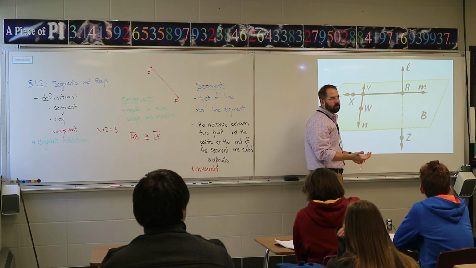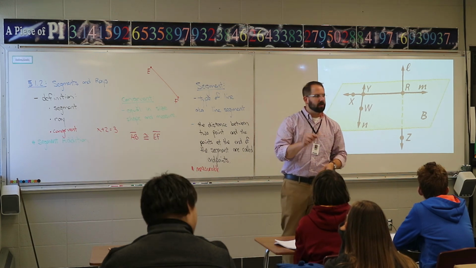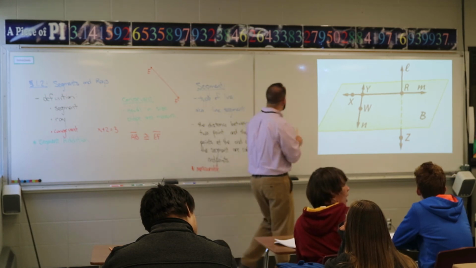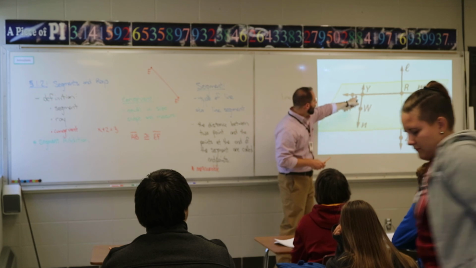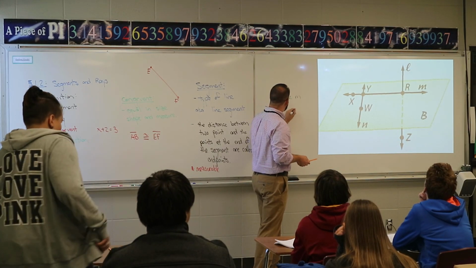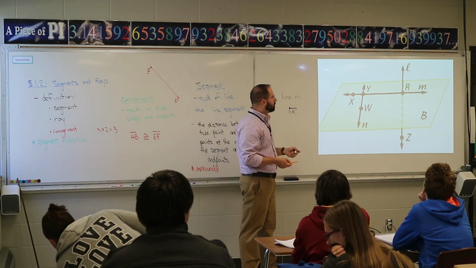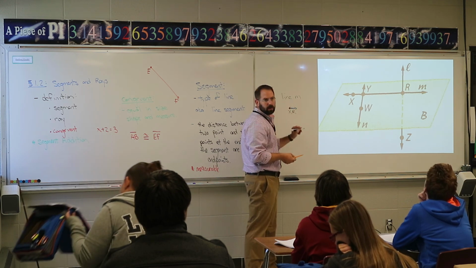If they want another name for a line, I think one of the words was give another name for line M. So what's another name I can check? XR, perfect. XR, put little arrows above it. You can call it XY for all I care, put arrows above it. But these are different names other than that one.